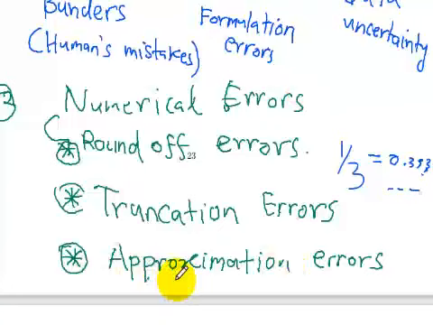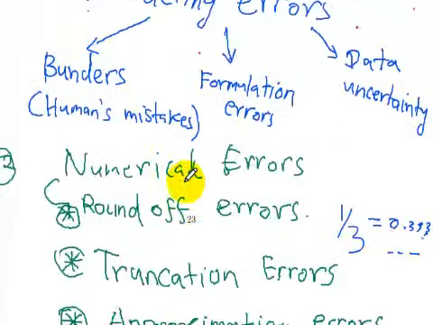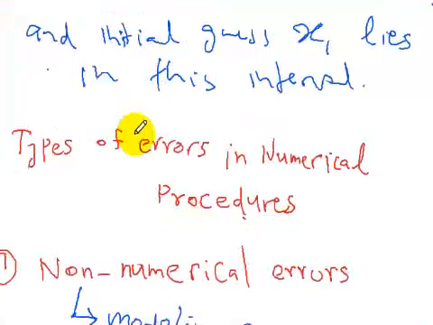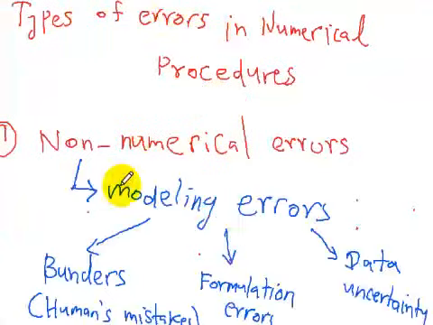When you discretize the problem, it will generate errors, and those errors are called approximation error. Later I will explain these things in detail. I want to give a brief introduction about these sources of errors and how they occur.